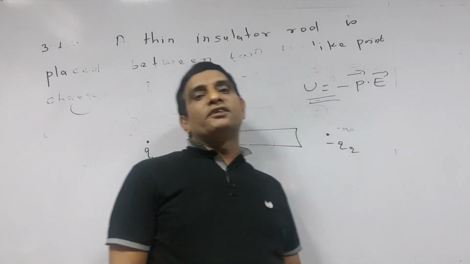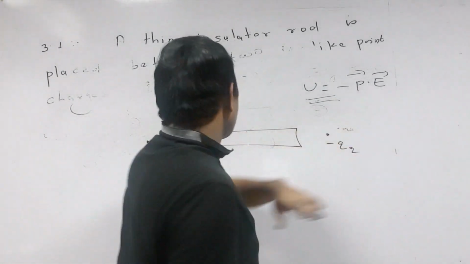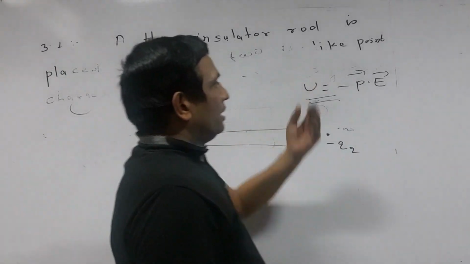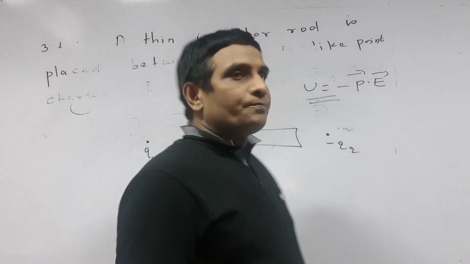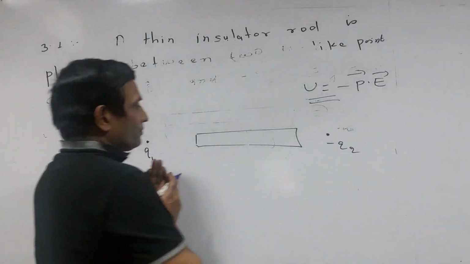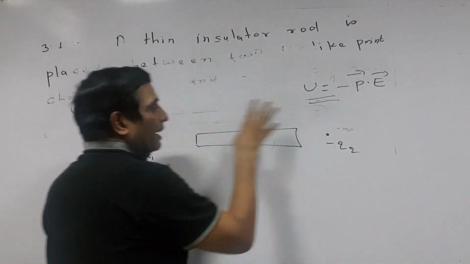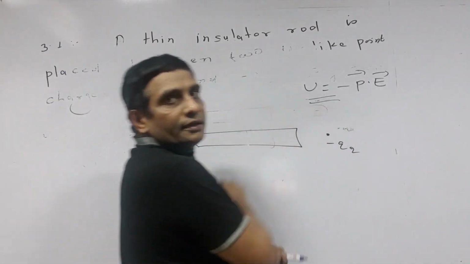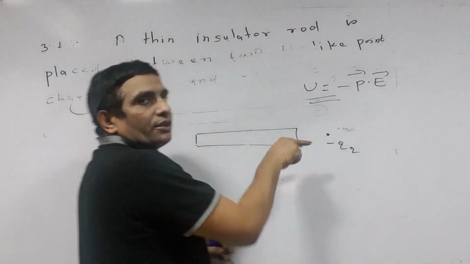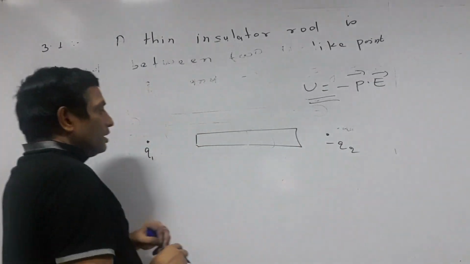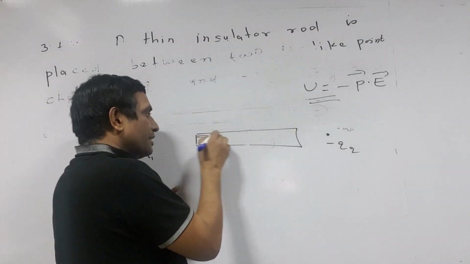When potential energy is minimum, then what happens? The equilibrium will be stable. So if you consider the field due to Q1 and minus Q2, that field will be in the rightward direction. So dipoles are induced in a chain just like this.